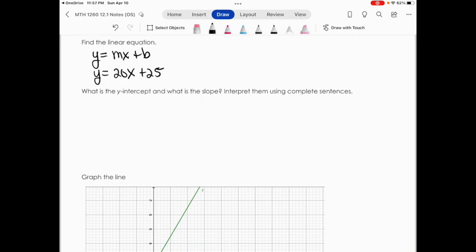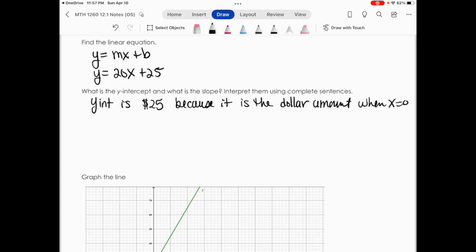What is the y-intercept and what is the slope? Our y-intercept is $25 because it is the dollar amount when x is equal to 0, when x is 0 hours.